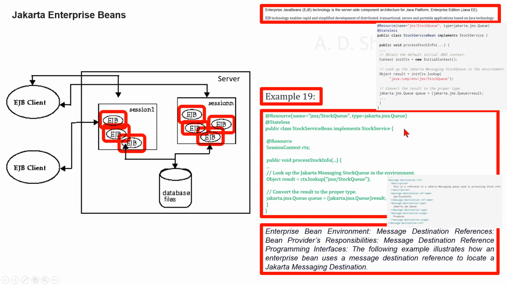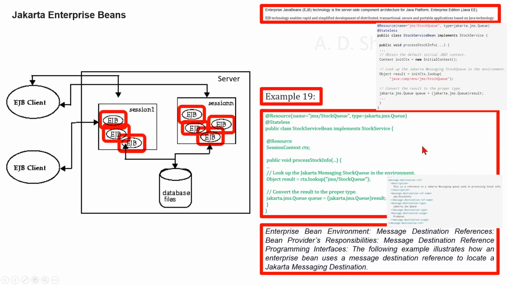The bean provider uses message destination references to locate a message destination as follows. Assign an entry in the enterprise bean's environment to the reference. The enterprise bean specification recommends, but does not require, that all message destination references be organized in the appropriate subcontext of the bean's environment for the messaging resource type.